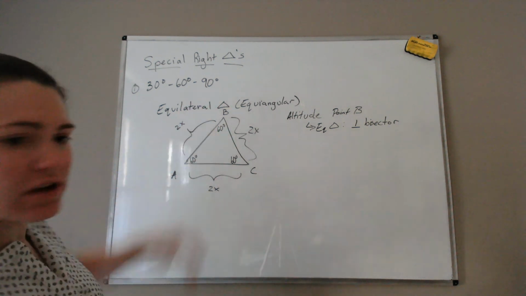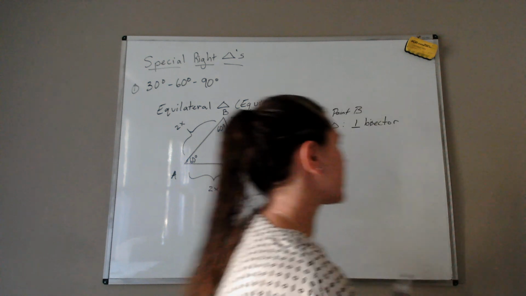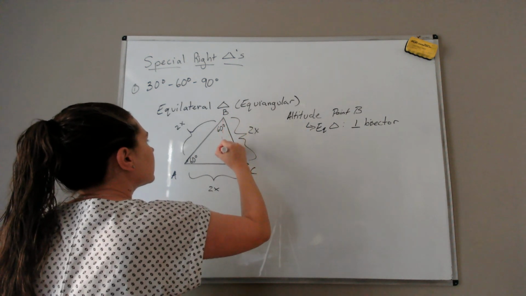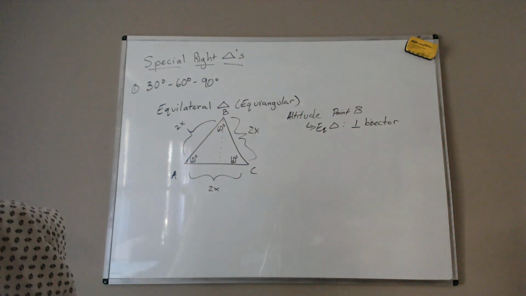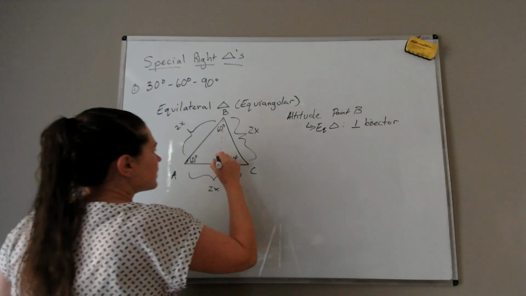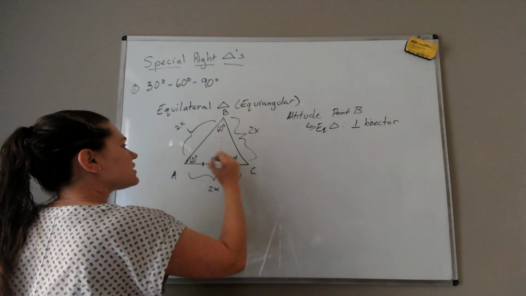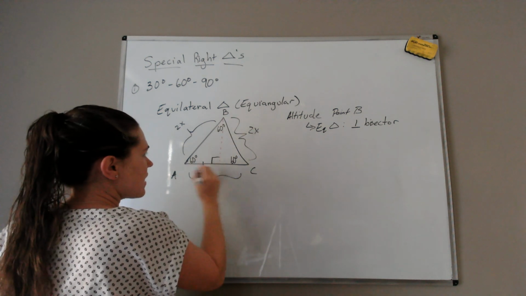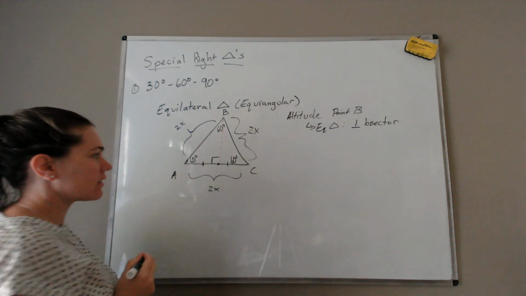So I'm going to draw in the altitude. What that's created is a 90 degree angle, and this portion from A to here and C to here are the same length.